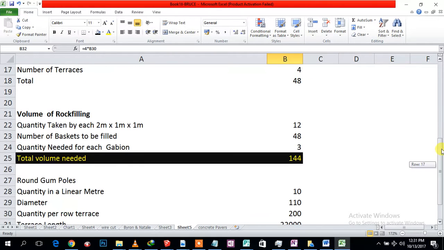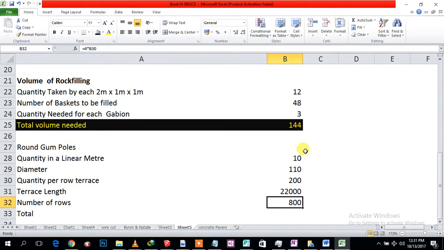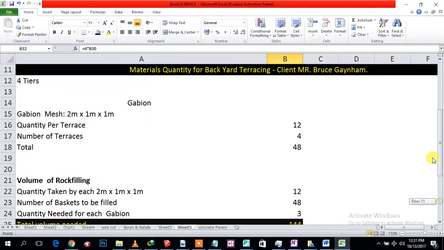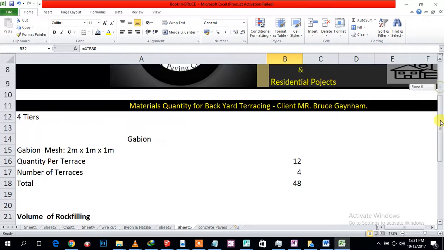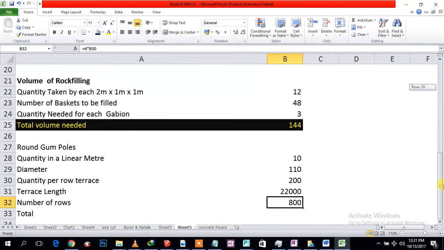The quantity is mentioned, the rocks are mentioned. I thought it was necessary to present this to you, so you can get an insight into how I came up with the figures I mentioned in the quote proposal.